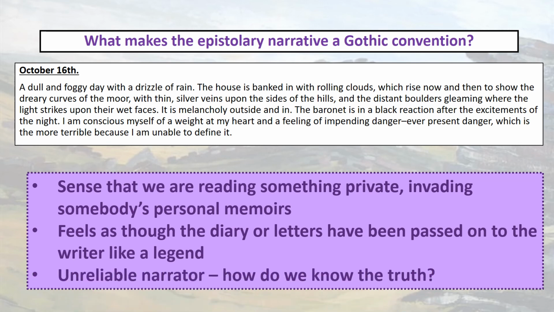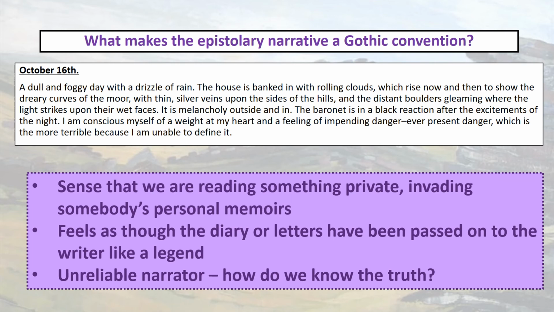And then lastly, you are all really familiar with first person narrative perspective, with texts that are written from the perspective of a character. However, there's something quite unique about a diary, or especially a letter, in that we get this sense of what we call an unreliable narrator.